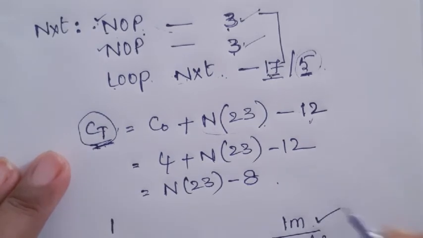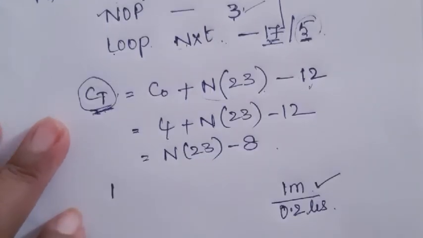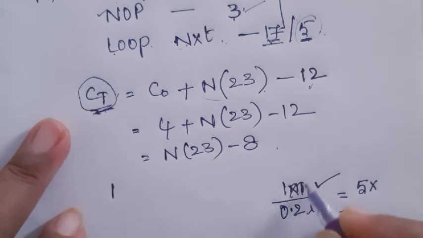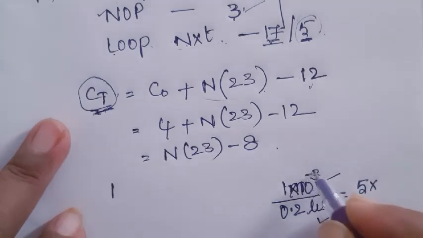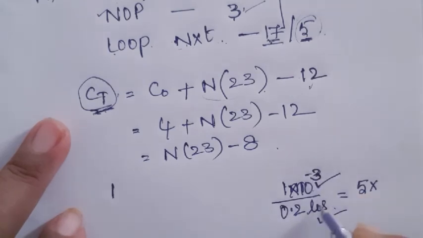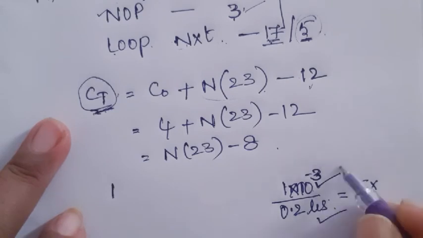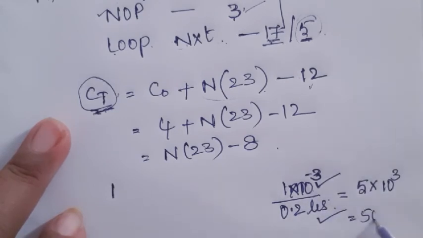I want 1 millisecond delay, and each clock period is 0.2 microseconds. So this will be equal to 10 by 2, 5 into 10 to the power of minus 3 over, micro means 10 to the power of minus 6. So when it comes up, it becomes 10 to the power of 3. So this is equal to 5000.